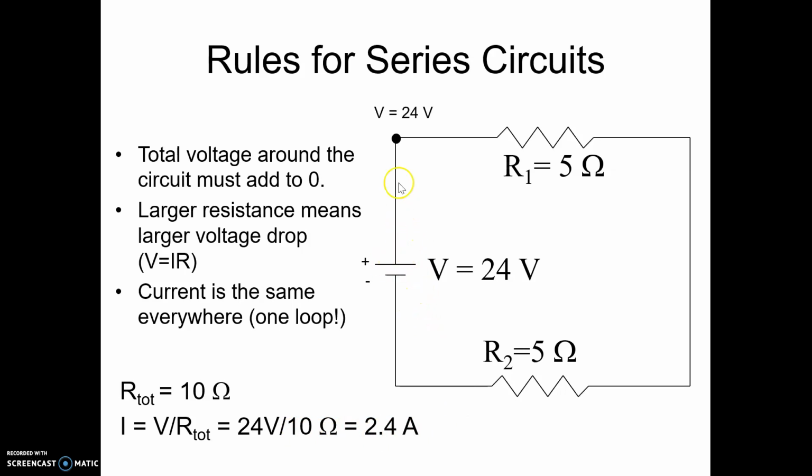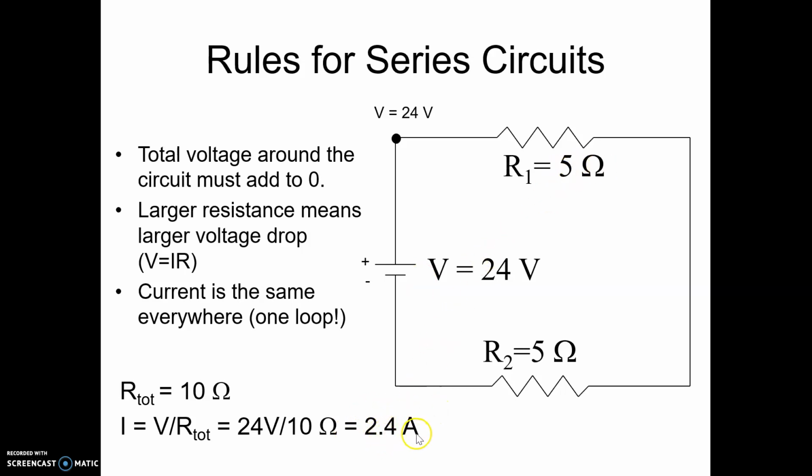Up here at the top of the battery, anywhere along this wire before you get to this first resistor, the voltage is the same. It's 24 volts. Now it's going to go through resistor 1 and it's going to drop. And we talked about how it was going to drop 12 volts. The reason that we talked about it being 12 is because each of these resistors are equal. But let's do the math. In order to find voltage, you've got to use Ohm's law, which is current times resistance.